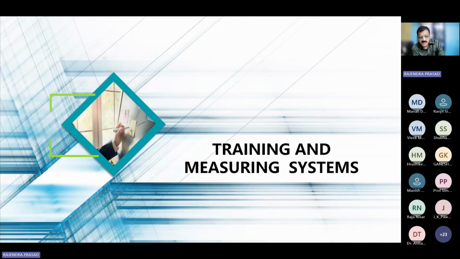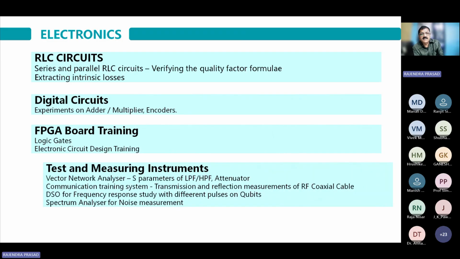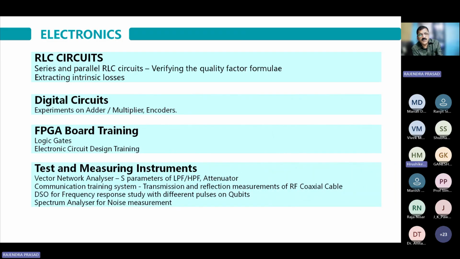We also need some training and measurement systems. As I said, the basics are also there. So for the basics of electronics, RLC circuits are the circuits used in our quantum measurement and control circuits, and whatever we create as a total system, that is the measurement or control factor, we need these things. RLC, digital circuits, to understand the difference between basic computing and quantum computing.